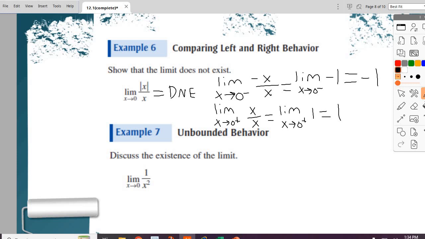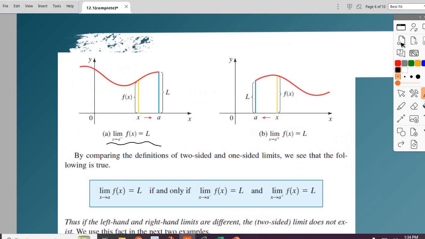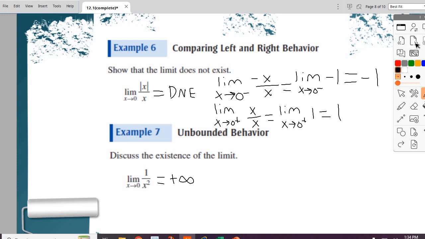So if we wanted to, the limit of this technically approaches positive infinity. However, if we go back to our definition, this says that our left-handed limit and our right-handed limit have to equal L, and L is a value. Is infinity a value? No. So the limit does not technically exist.